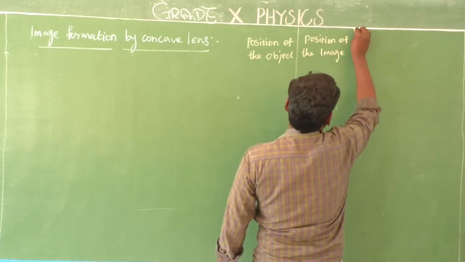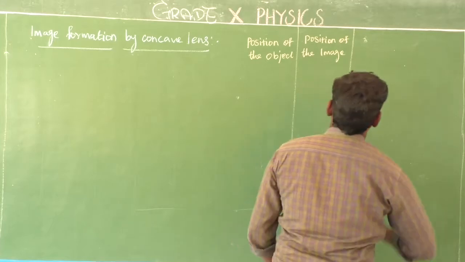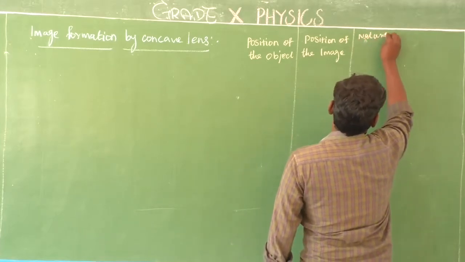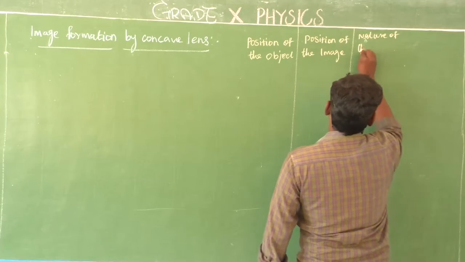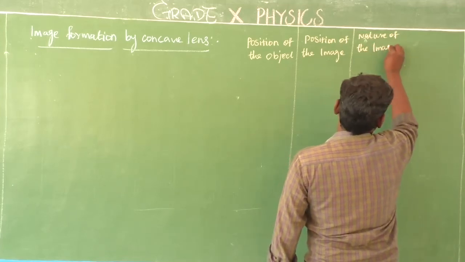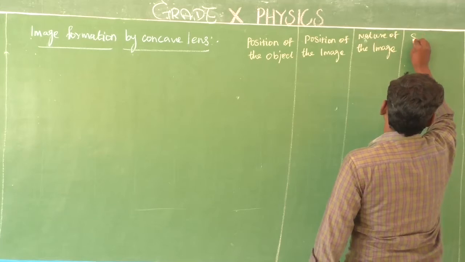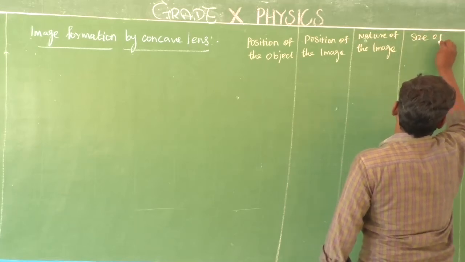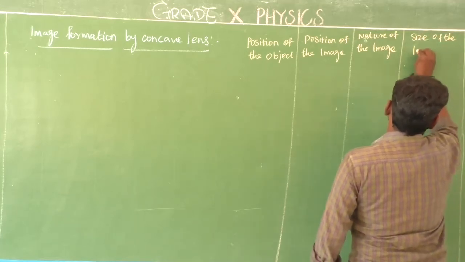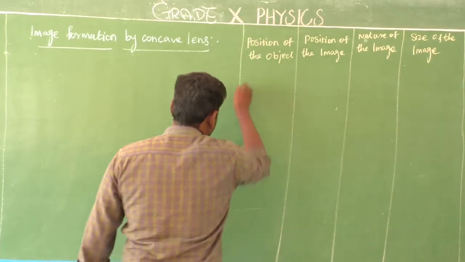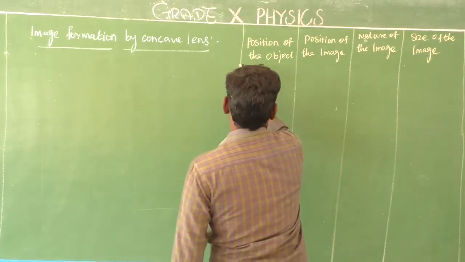Position of the image. And third one, what is that? Nature of the image. And last one, size of the image.